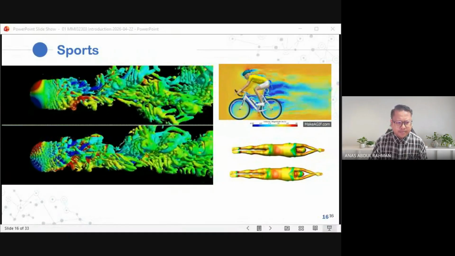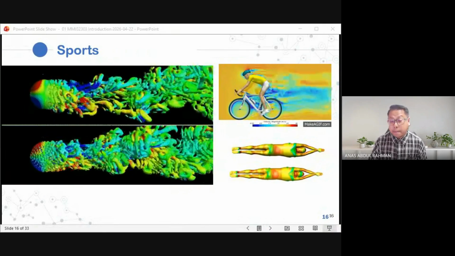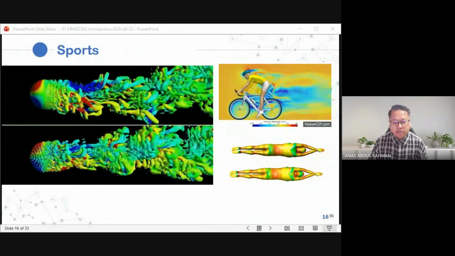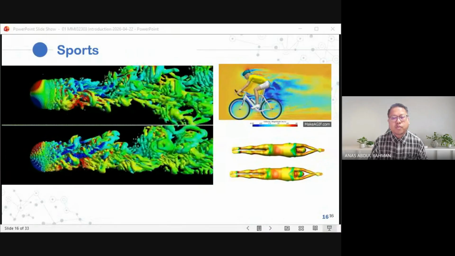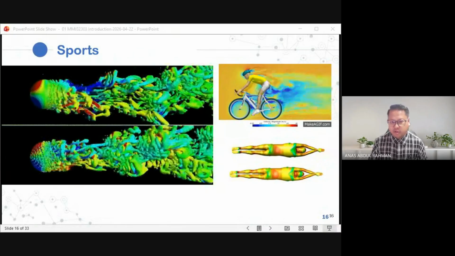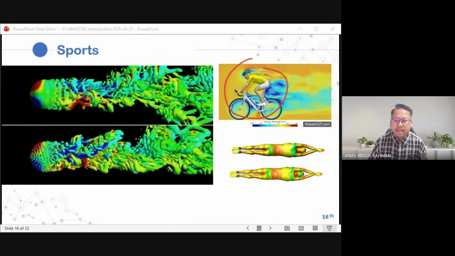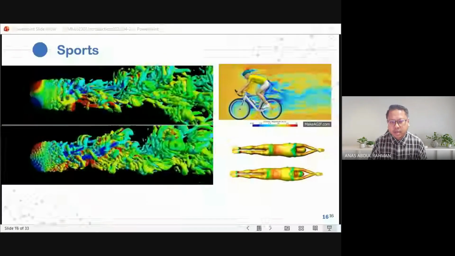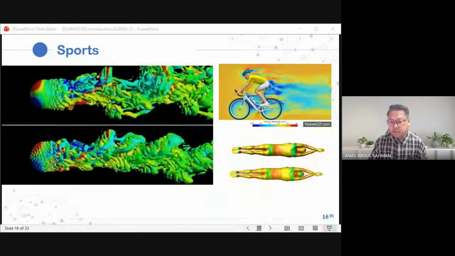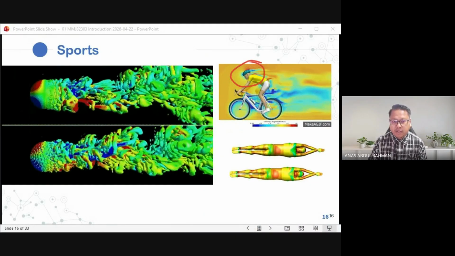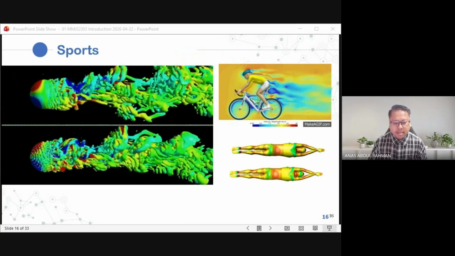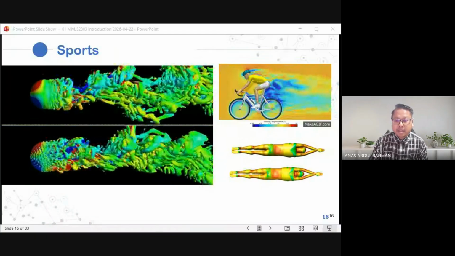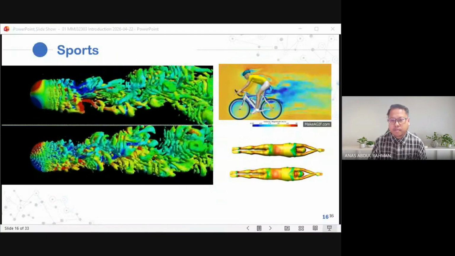So by using CFD, we can see the impact: how many dimples are needed, how big the dimples should be in order to improve the aerodynamics of the golf ball. In cycling and swimming, if they are designing a new swimsuit, we can have a look at the aerodynamics of it in the water, or if a designer is trying to design a new helmet to decrease the drag on the cyclist.